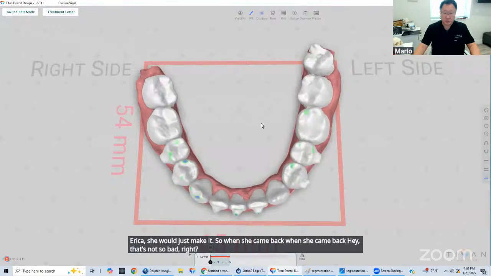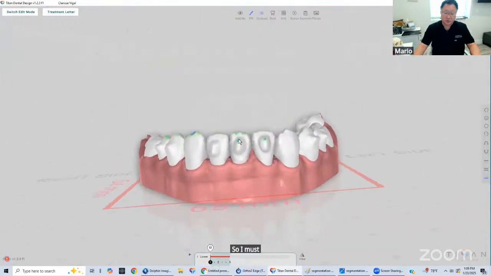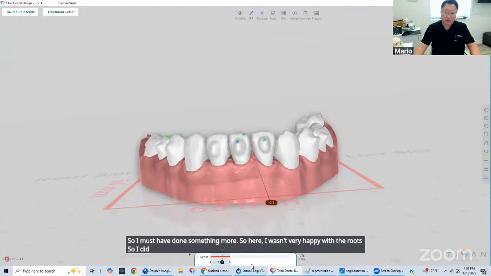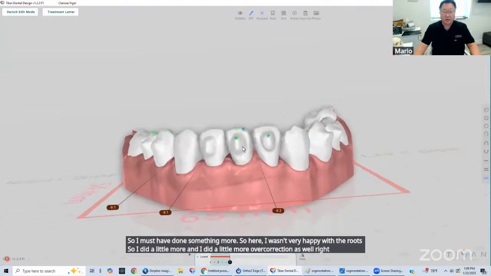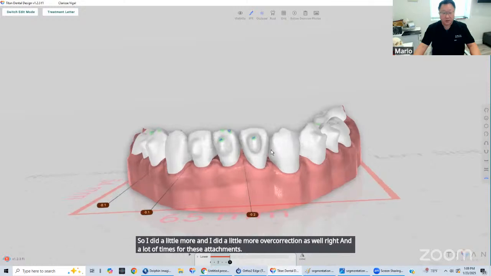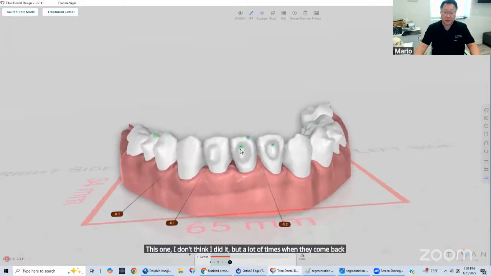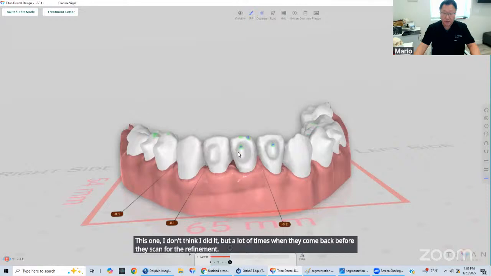Oh, so I must have done something more. Here, I wasn't very happy with the roots, so I did a little more. And I did a little more overcorrection as well, right? And a lot of times for these attachments, this one, I don't think I did it, but a lot of times when they come back, before they scan for the refinement, you can reshape it a little bit, okay?